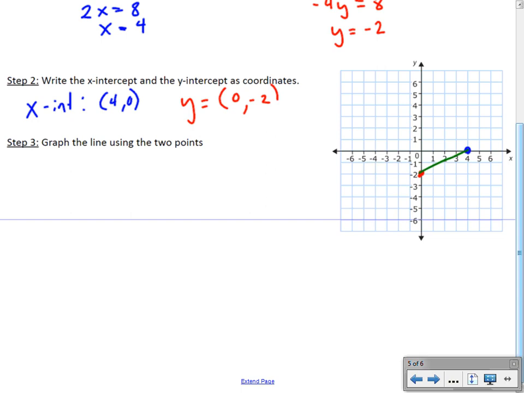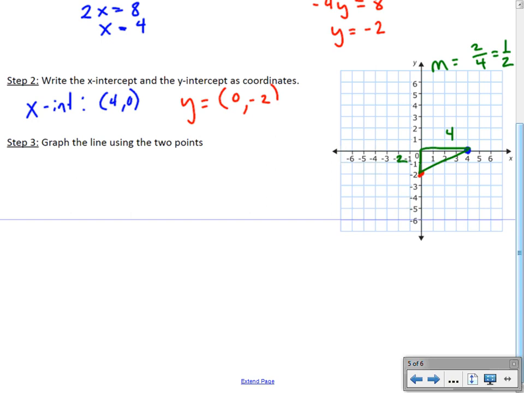But let's figure out how to get more points. We could find the slope between these 2 points. We could do rise over run, so it would be going up 2 over 4, so the slope would be 2/4 or 1/2.